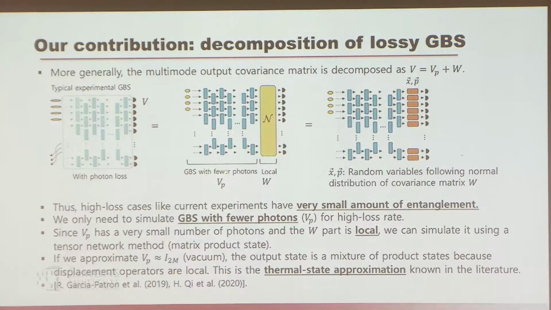After decomposing your output covariance matrix this way, if you throw out the first layer, the hard part, which means replacing your Gaussian boson sampling circuit by a vacuum state, that's equivalent to this previously known approximation. If you replace this by a vacuum state, there is no entanglement at all in the system, so you can simulate this in polynomial time. That's how the approximation works.